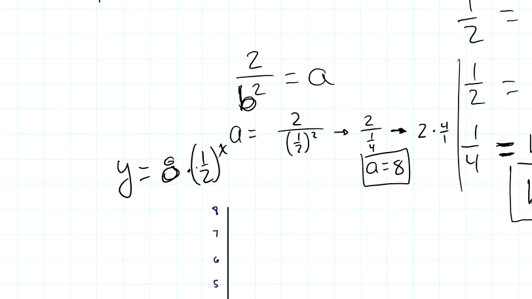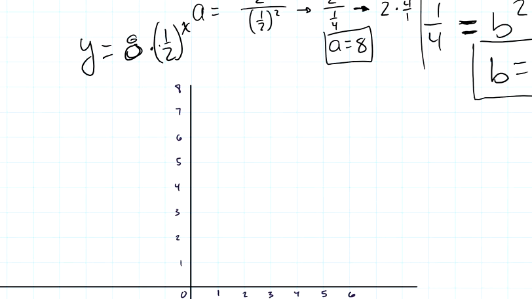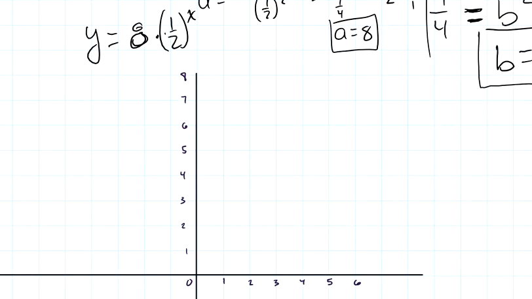And part B asks us to sketch a graph of that function. So now that I see what it is clearly, I'm going to plot these points. At 0, I get an 8. At 1, it gives me half of 8, or 4. At 2, it gives me half of the 4, which is 2. At 3, it gives me half of 2, which is 1.